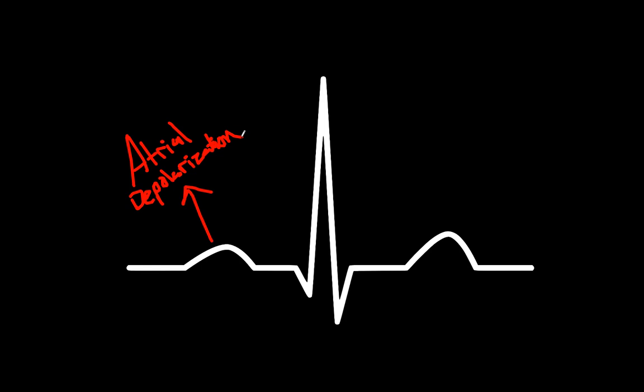During the QRS complex, really what you're seeing here is ventricle depolarization. During this time, atrial repolarization, all that cardiac muscle in your atria repolarizing, is essentially covered up or summed up in this ventricle depolarization.